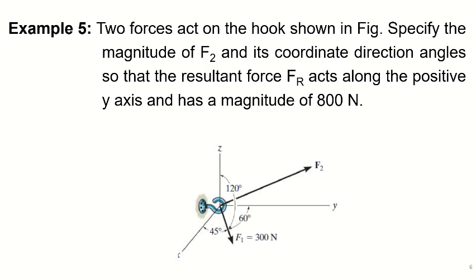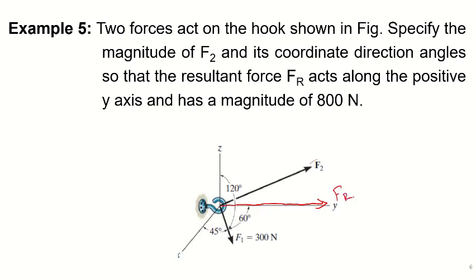So we have two forces. For force F1, we know the magnitude and coordinate direction angles. For force F2, we don't know the magnitude and the direction angle. That is what we need to find. And the question says the resultant force acts along the positive y-axis.